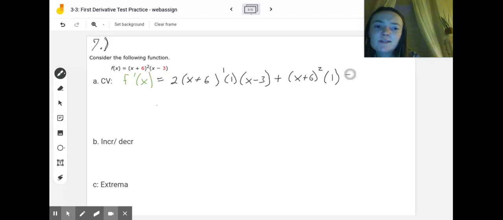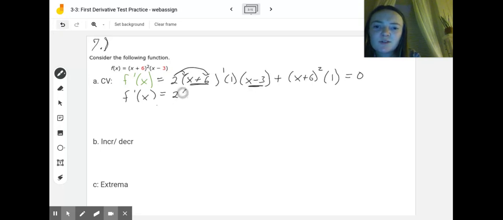So I want to know, when does this whole thing equal 0? I'm actually going to expand it, see if I can get anything good out of it. So f prime of x is equal to, let's distribute this in because now it's raised to the 1. So I get 2x plus 12. You know what? I'm not going to do that yet because I realize it's multiplied by this. In fact, I'm going to multiply these two things together.